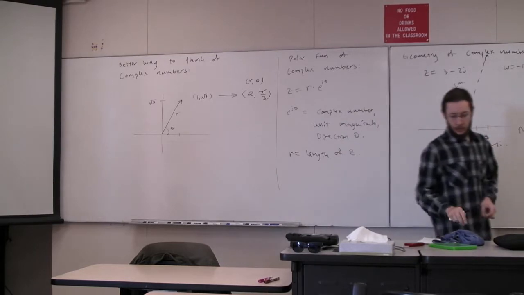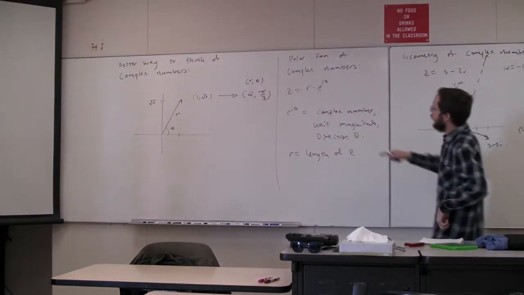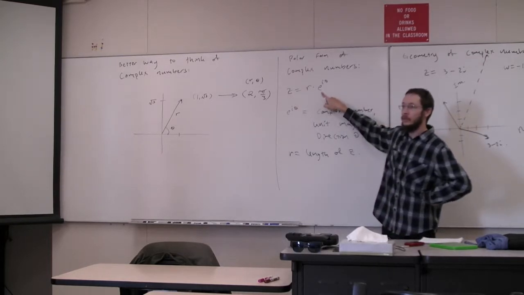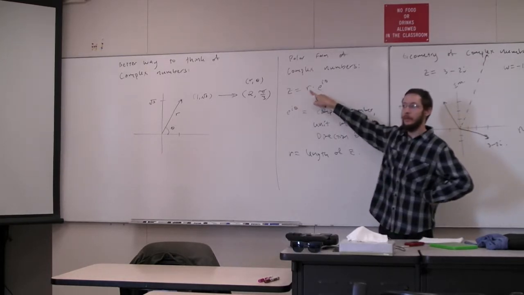And so you put those two things together, and any complex number then can be thought of as a direction that's been scaled to the appropriate length.